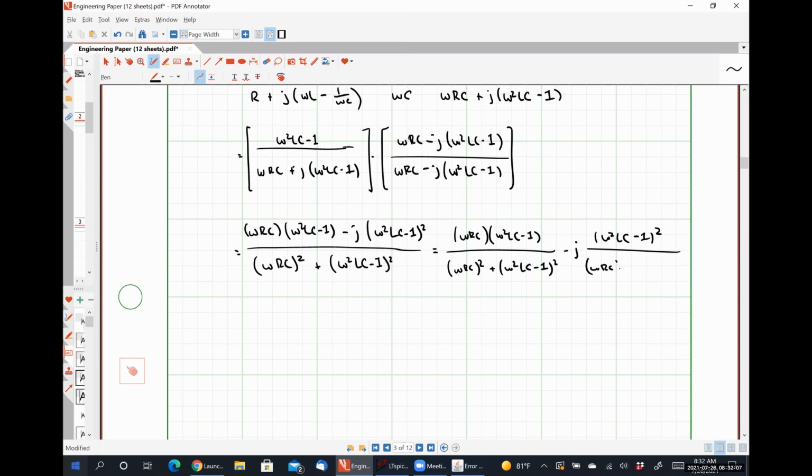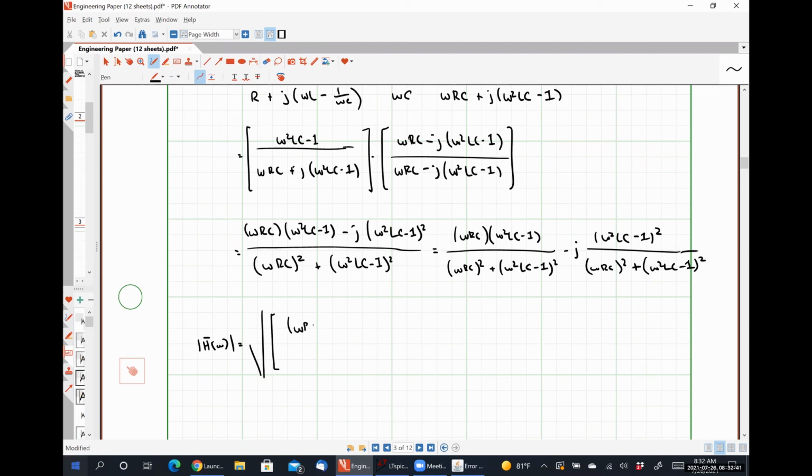Omega RC squared plus omega squared LC minus 1 squared. All right, so our magnitude is going to be the square root of the real part squared plus the imaginary part squared as per usual.